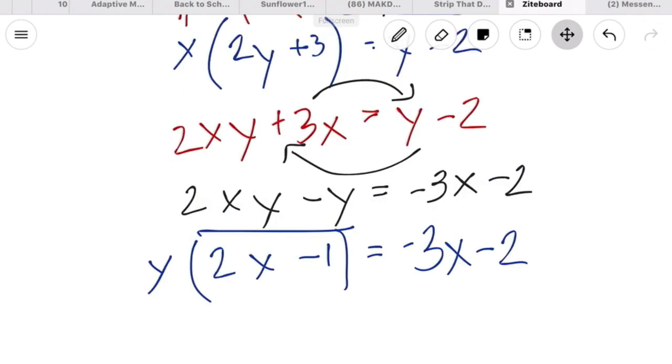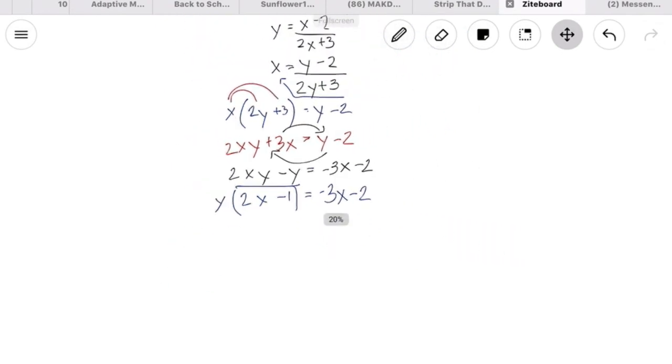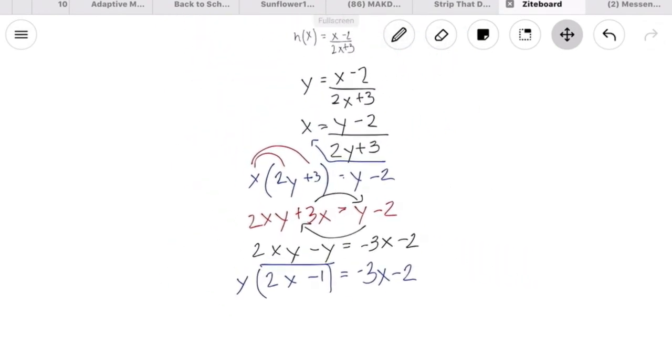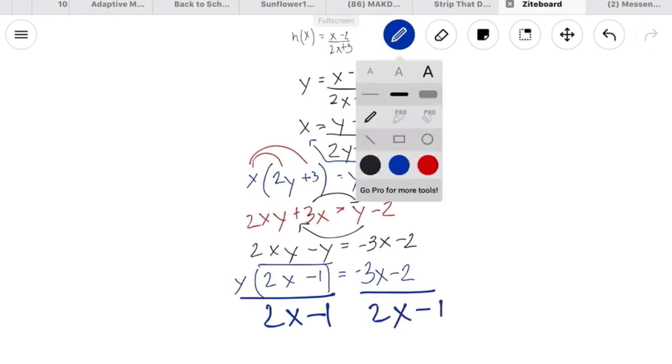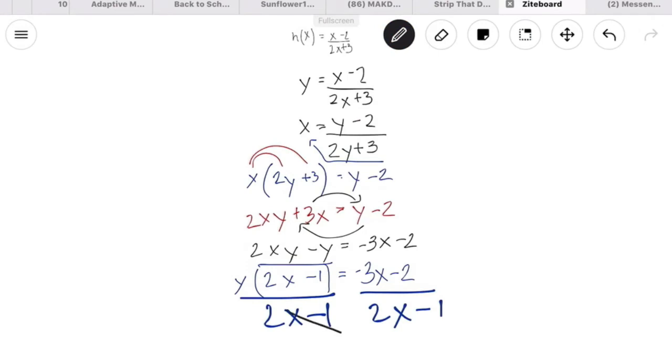And then, para mawala si 2x minus 1, we need to divide both sides by 2x minus 1 para ma-cancel out na siya. So, magiging y equals negative 3x minus 2 over 2x minus 1.